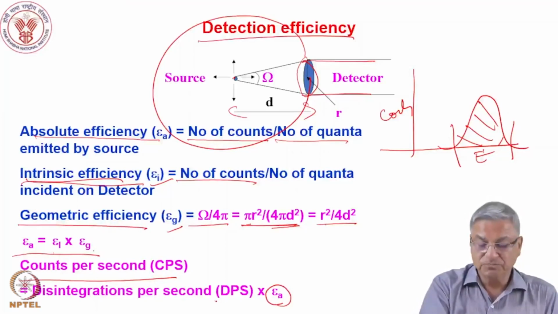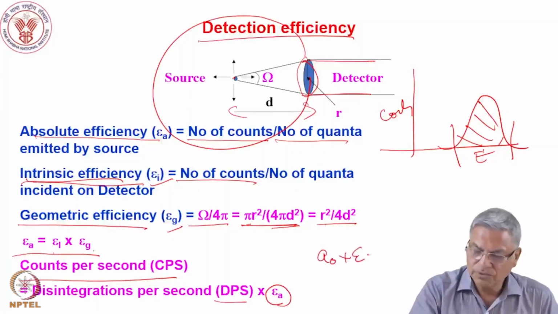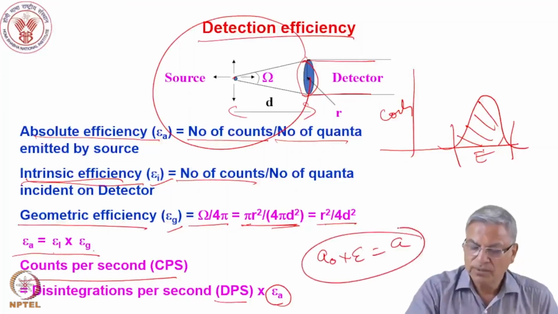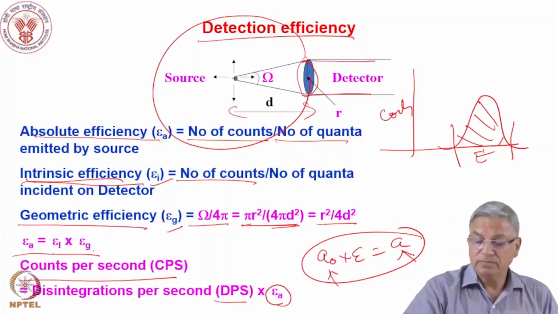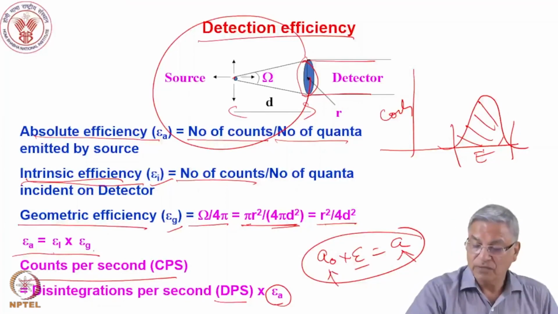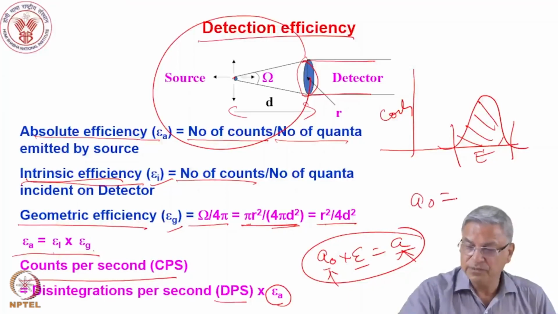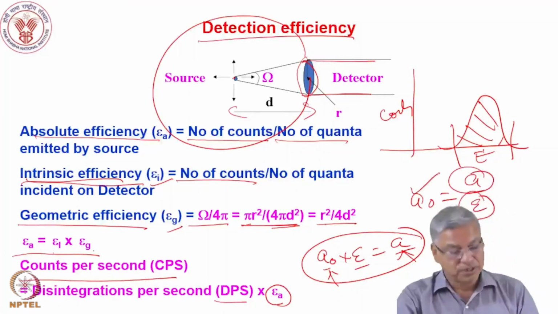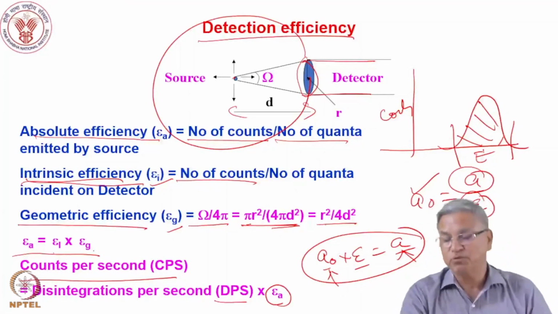So A0, the source activity, into efficiency equals A, the activity counted. So A0, the absolute activity, equals A upon efficiency. If you know the counts per second and you know the efficiency, you can find out the disintegrations per second. So this efficiency is a very important property of a detector.